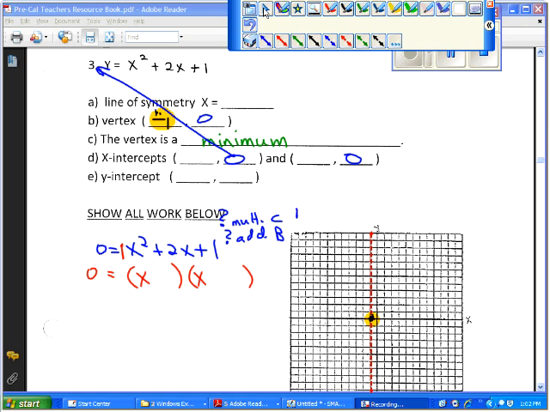What do you multiply to get the C answer of 1 and add to get the B answer of 2? And the answer would be a 1 and a 1. Both positive, right? 1 times 1 is 1, and 1 plus 1 is 2.